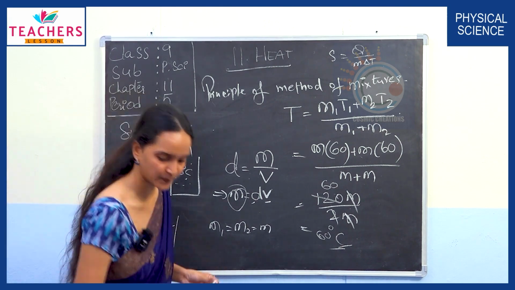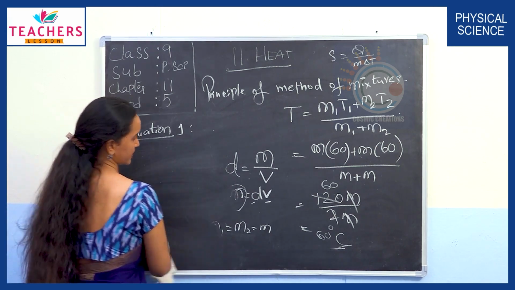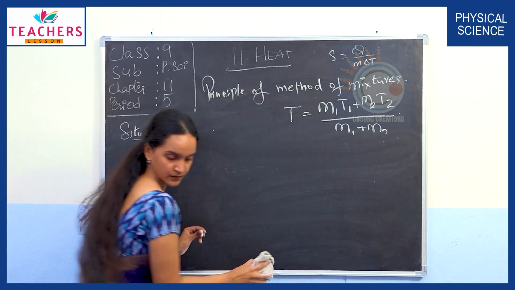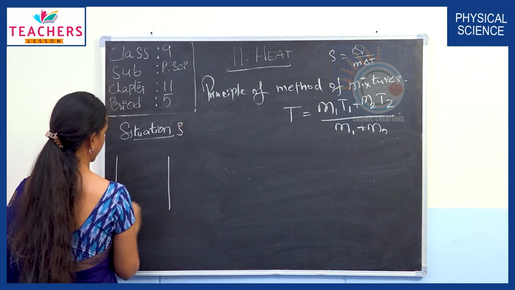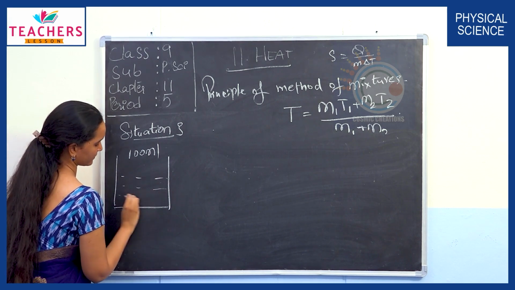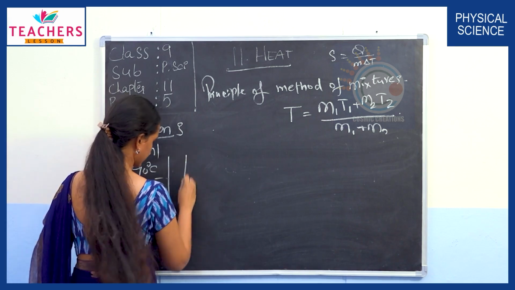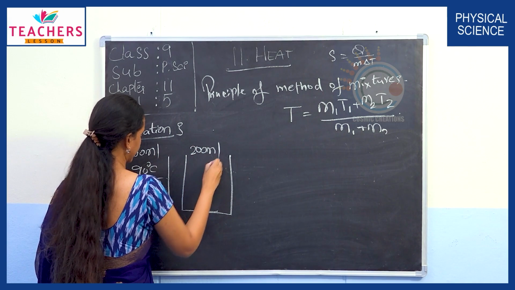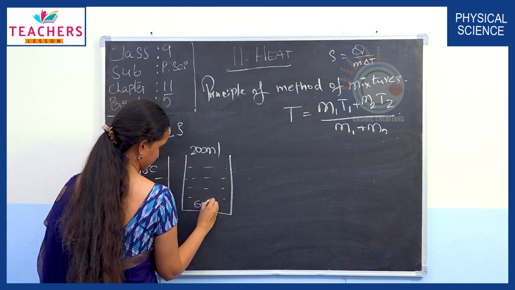Let's look at situation number 3, wherein the masses are different and also the temperatures are different. Remember what it was? We had 100 ml of water heated to 90 degrees Celsius, and in the second one we had 200 ml heated to 60 degrees Celsius.